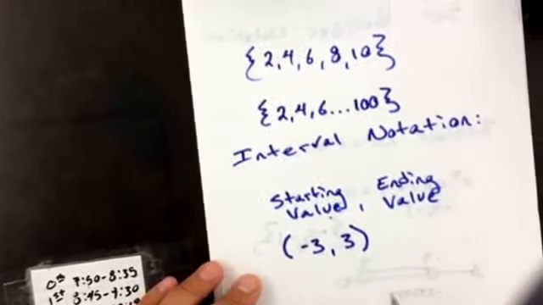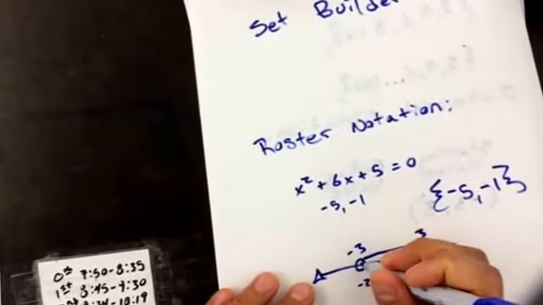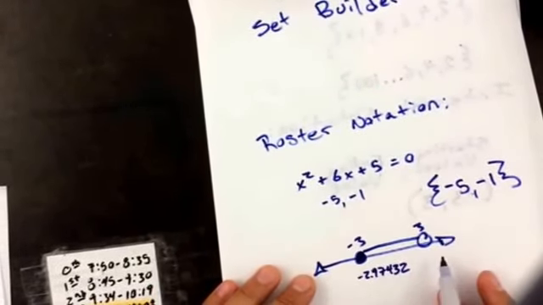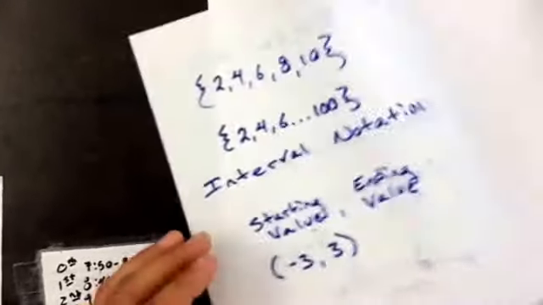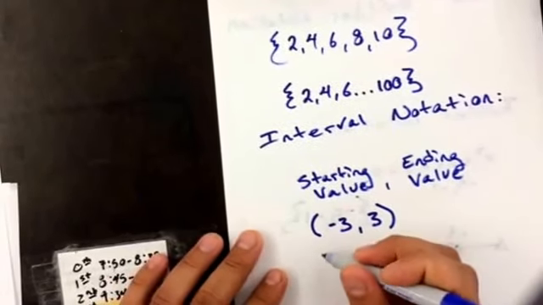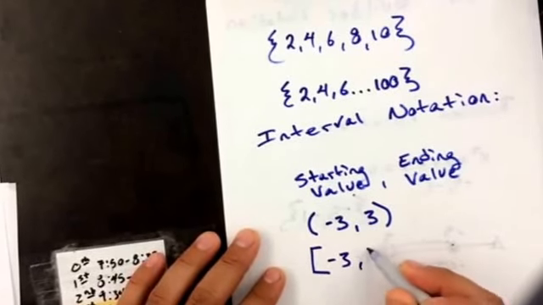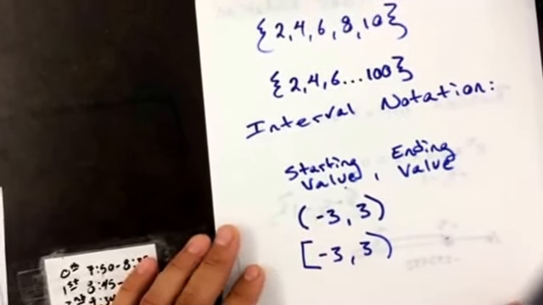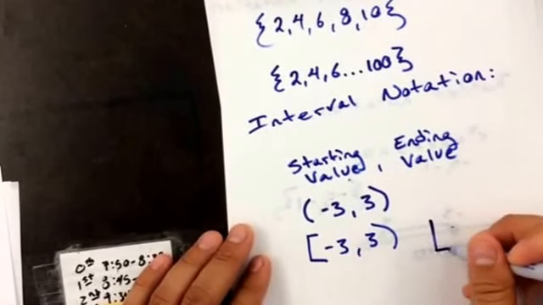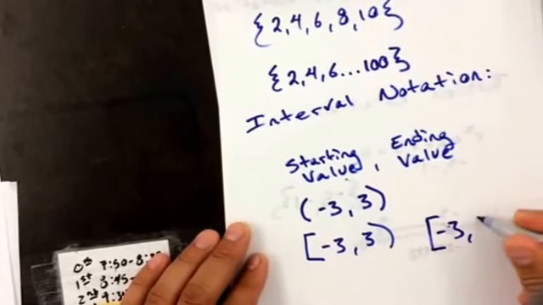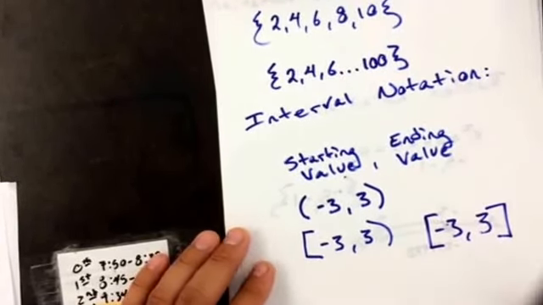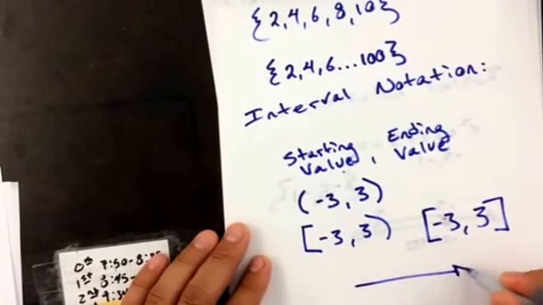If it were included, let's say that the -3 was included, but not the 3. What you would do is you would show a brace. This means included. Brace is included, parentheses is not included. And if they were both included, of course, it would be -3 to 3. Now what happens if it's going on forever?